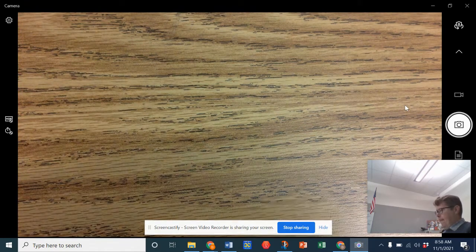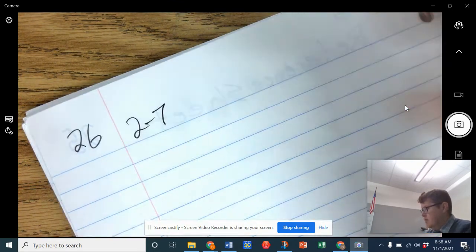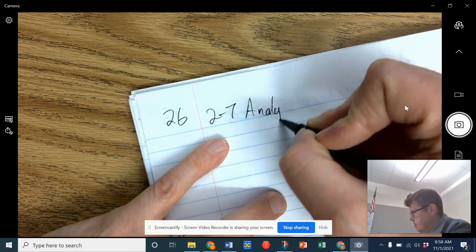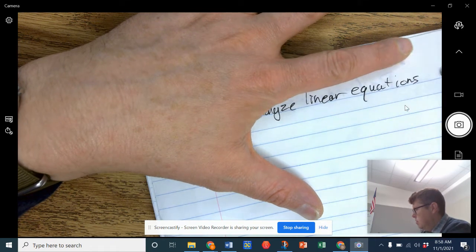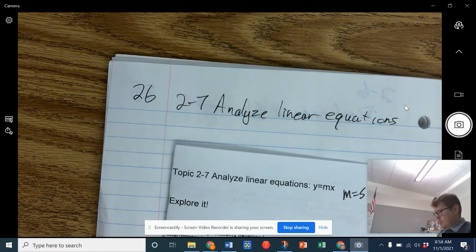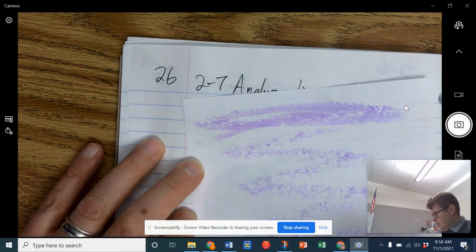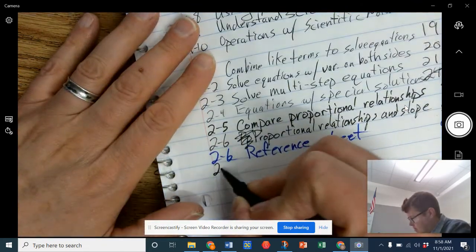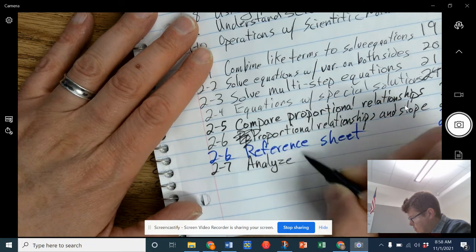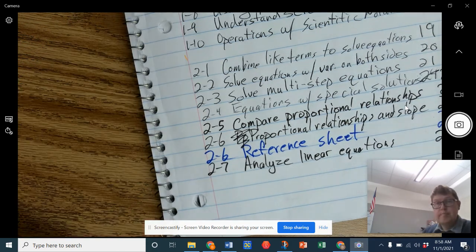Section 2-7, analyze linear equations. And we're on page 26.